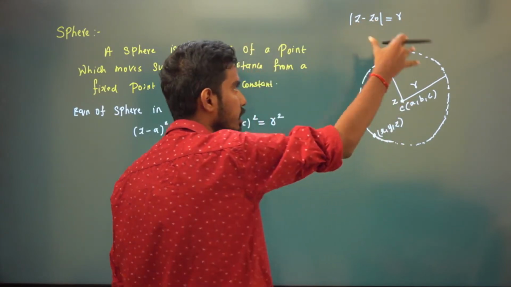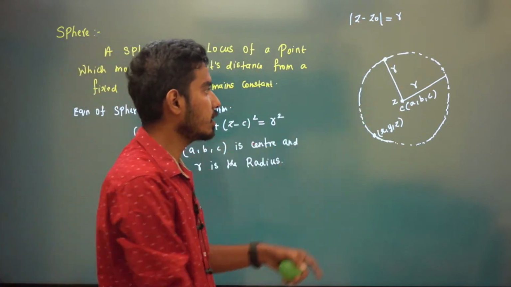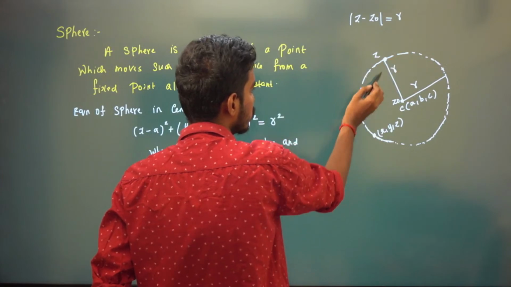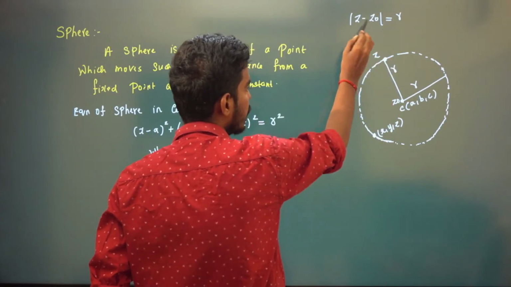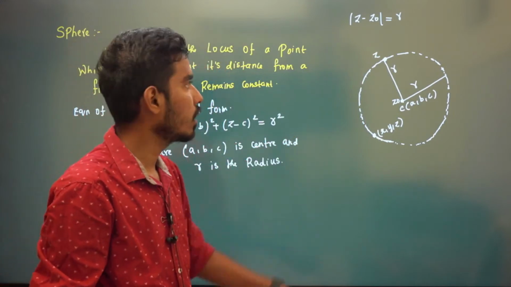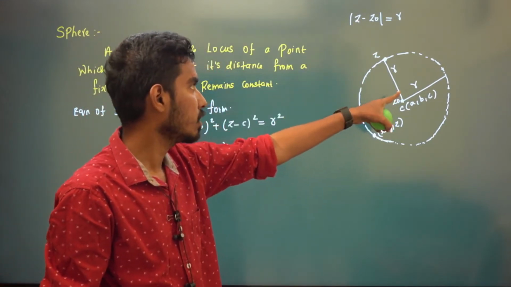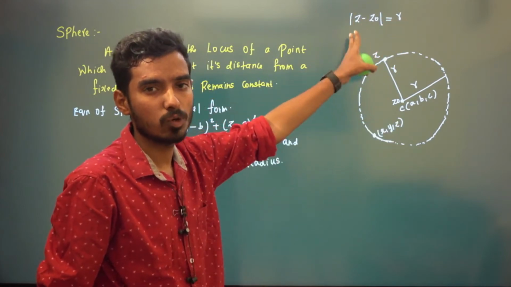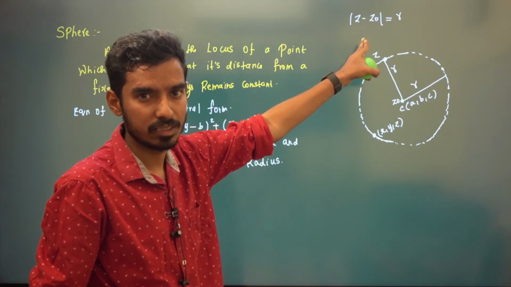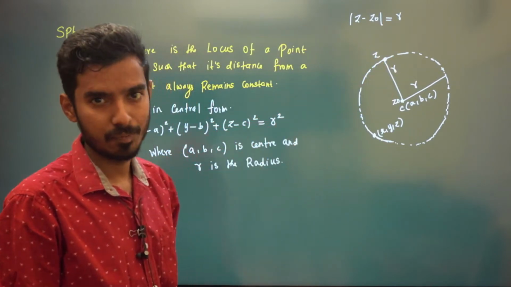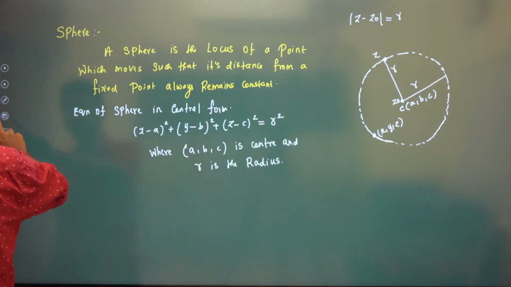Let z naught be the center and z any arbitrary point. Now you replace z by xi plus yj plus zk, and z naught by a comma b comma c. Then after the distance formula, you will have square root of (x2 minus x1) whole square plus (y2 minus y1) whole square plus (z2 minus z1) whole square is equal to r. Squaring on both sides, you will get this equation. Don't make it too complex.